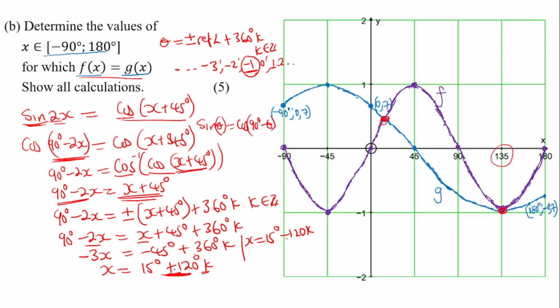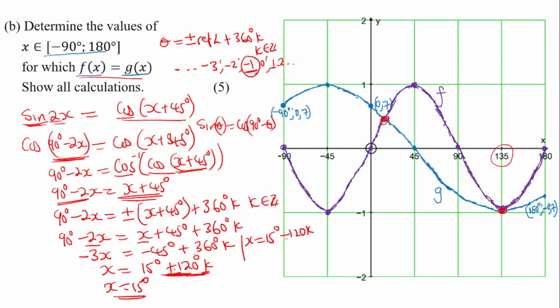And then remember the domain from negative 90 to 180. So you can substitute your integers and check. Substitute negative 2, negative 1, 0, 1, 2, like that. But if you substitute 0, that's when we get the value which is in this domain. So we get that x is equal to 15 degrees if k is equal to 0.